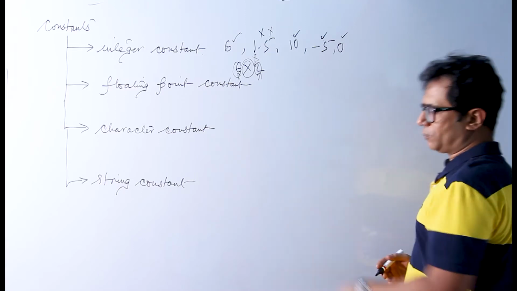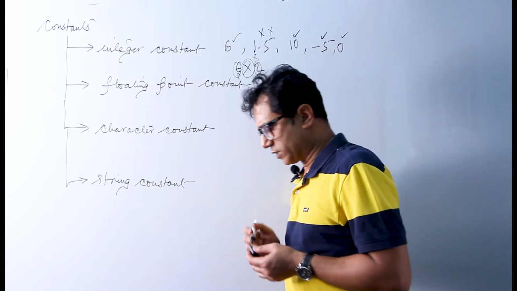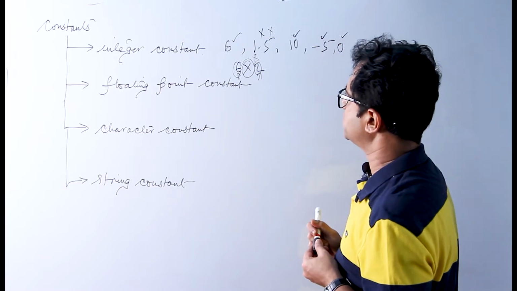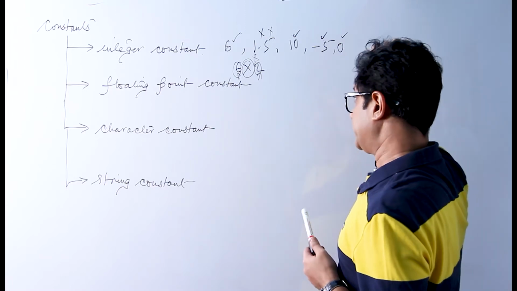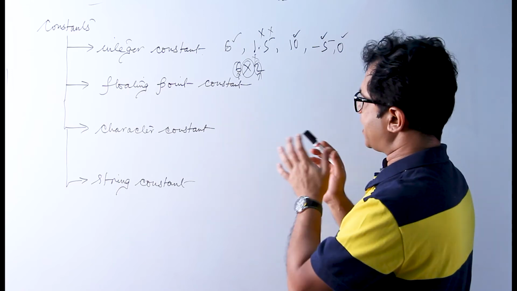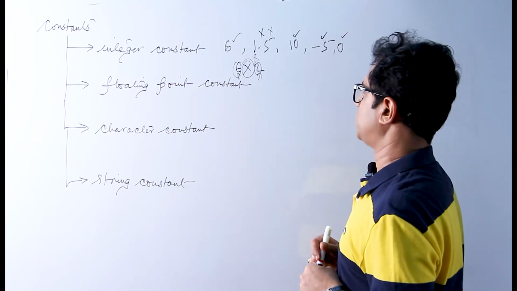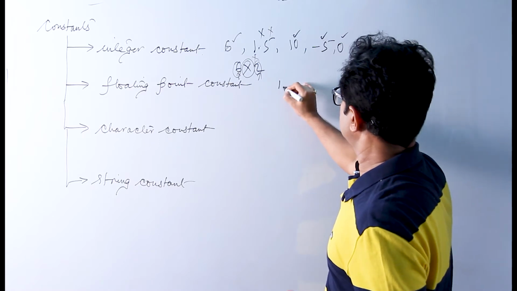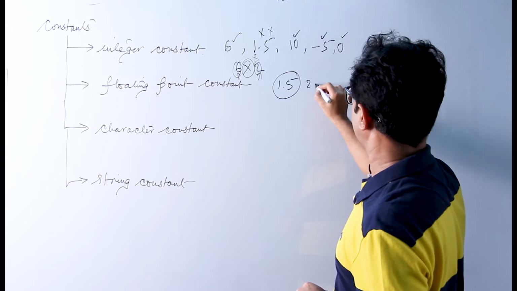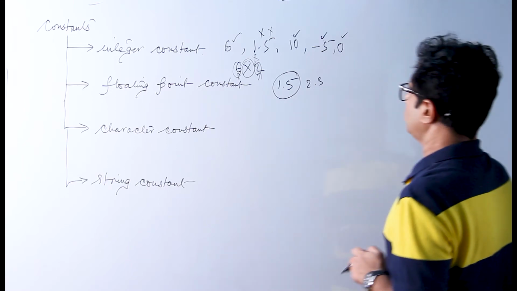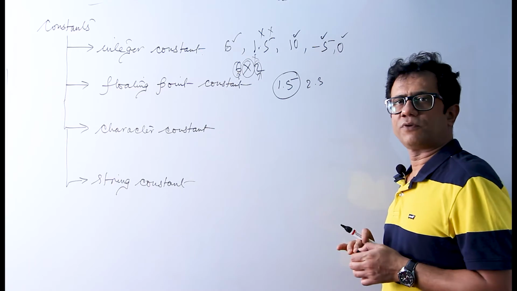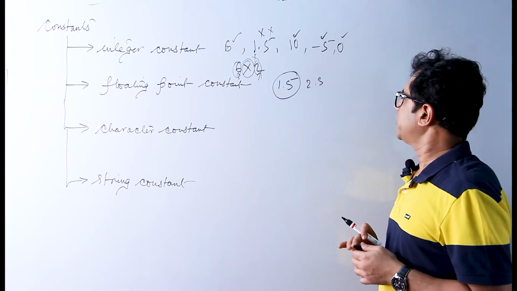So next we come to the floating point constant. What is a floating point constant? A floating point constant contains an integer part and a fractional part. Suppose we can assume a floating point constant to be 1.5, 2.3. It can also be expressed in terms of mantissa and exponent.